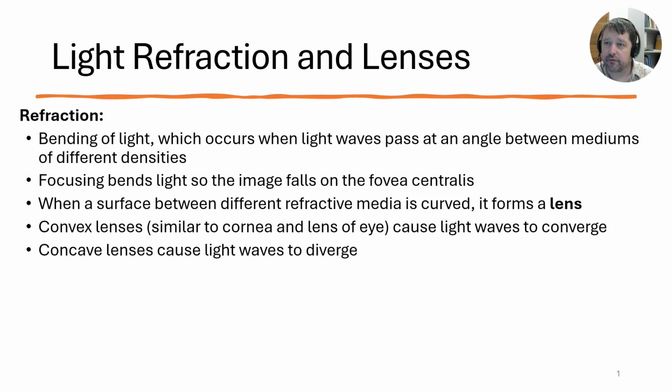Okay, the idea, the hope, and the design of the eye, the evolution of the eye, is to take that light that's coming to the eye and concentrate it. So make it so your lens of your eye is able to focus the photons into a single spot, and that single spot is the fovea centralis.